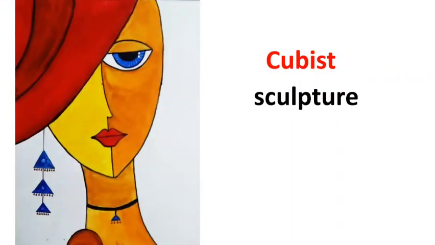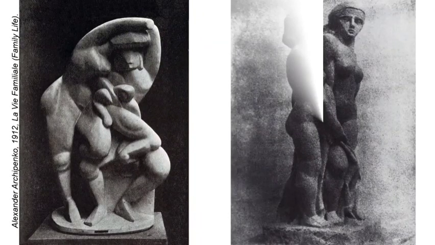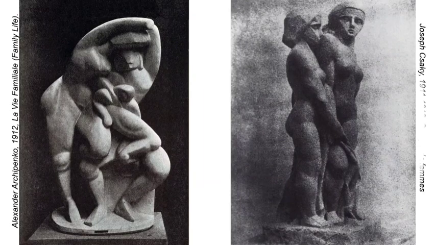Just as in painting, Cubist sculpture is rooted in Paul Cézanne's reduction of painted objects into component planes and geometric solids. And just as in painting, it became a pervasive influence and contributed fundamentally to Constructivism and Futurism. Cubist sculptures developed in parallel to Cubist painting.